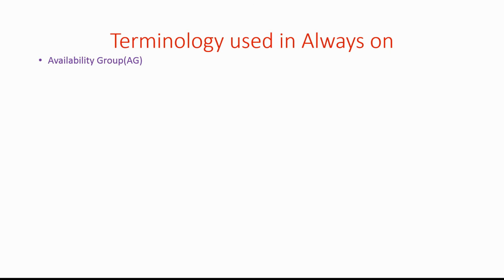Once a disaster happens, the failover of that availability group will go from one replica to the other replica. You cannot have one database sitting on one replica and another database sitting on the other replica if you design an Always On availability group.